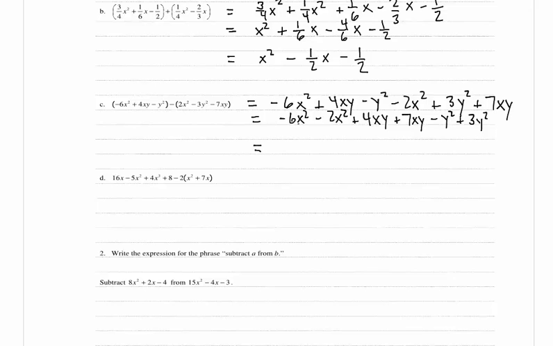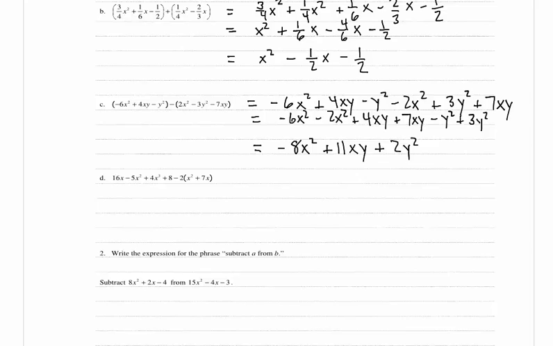And we have, for our x squared terms, negative 6 minus 2, so we have negative 8x squared. And then for our xy terms, we have 4 plus 7 is positive 11xy. And for our y squared terms, we have negative 1 plus 3 is equal to plus 2y squared.